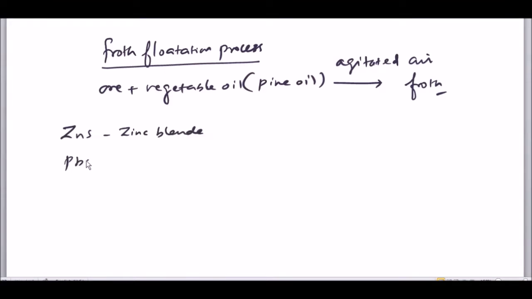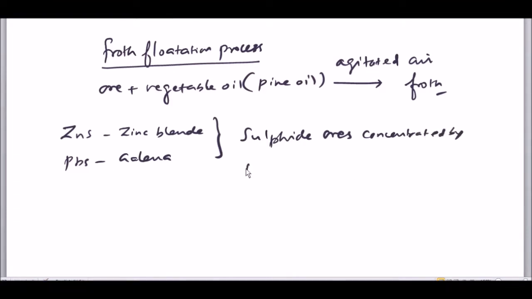And PbS is nothing but galena. These types of ores, in particular sulfide ores, are concentrated by this method. So it's an exclusive method to concentrate sulfide ore. These are the various sulfide ores, zinc sulfide, PbS.